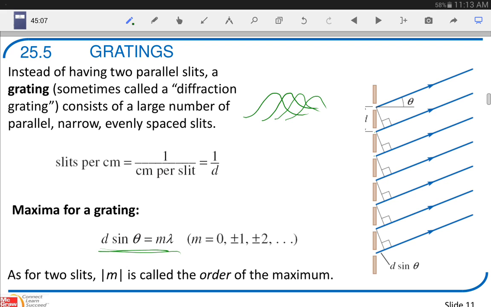So with a very large number of slits, you have essentially constructive interference here and destructive everywhere else. Anywhere that it's not perfectly constructive, you're mixing a whole bunch of different phases together and it's going to average to 0.